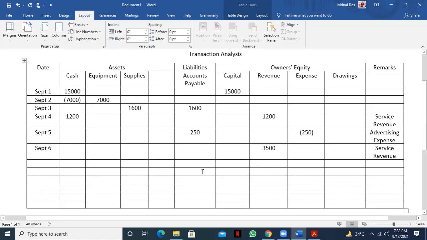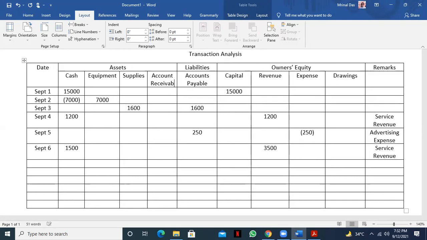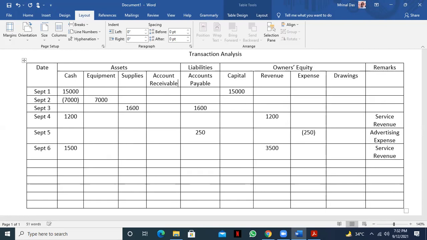You receive 1500 taka cash, and there will also be a new column, accounts receivable, and this amount will be 2000 taka. Is it clear, everyone? Yes, sir. Okay, so that's our September 6th.